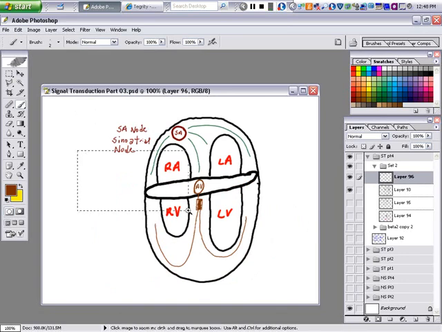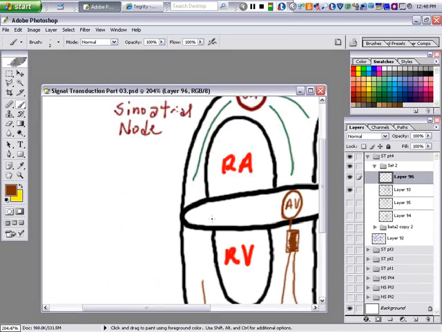Anybody have any idea what AV stands for? This node is between the atria and the ventricles. So if you had to come up with a name for it, what would you call it? The atrioventricular node, the AV node.